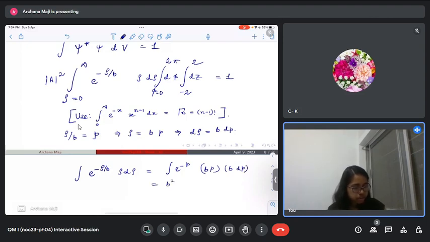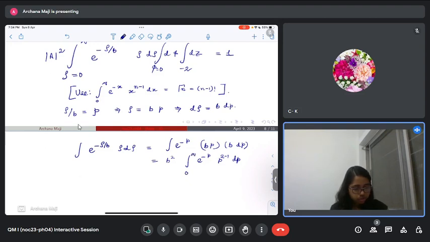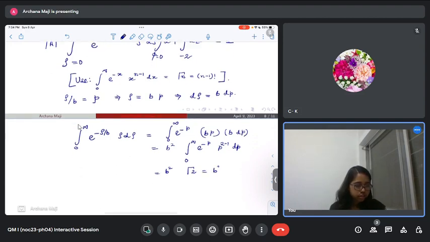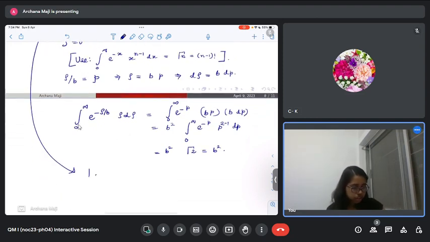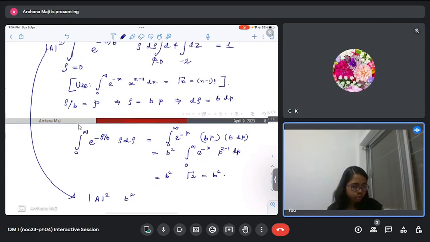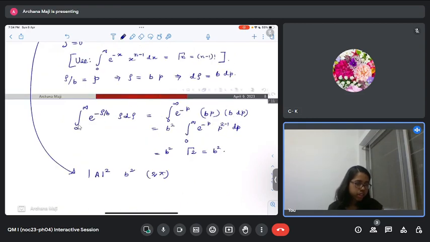So this is equal to b squared exponential minus p dp. So what is the power of p? It's 1, so that is nothing but 2 minus 1. Integration is from 0 to infinity. So this is b squared times gamma 2. Gamma 2 is nothing but 1 factorial, and that's nothing but 1. So you get b squared. So that means the rho integration is giving you b squared. Phi integration is giving you 2 pi, and z integration will give you 4.